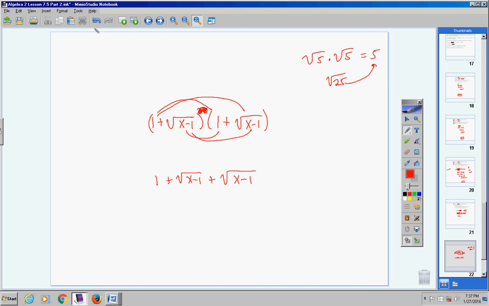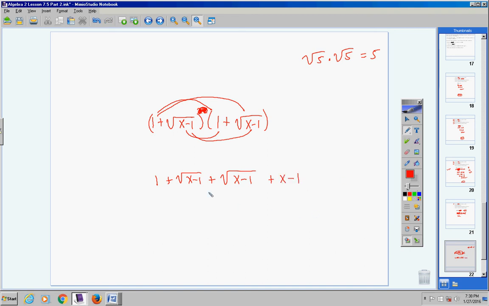So you might want to pause the video and write that down, okay? Anytime that you multiply matching square roots, you'll get out the radicand. So if I'm multiplying the square root of x minus 1 times the square root of x minus 1, well, they're identical. I'm just going to get x minus 1. There we go. That's it.